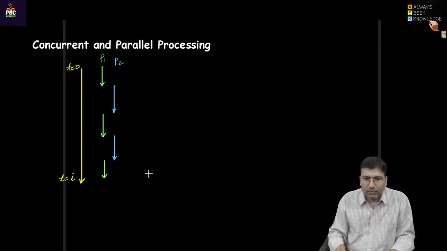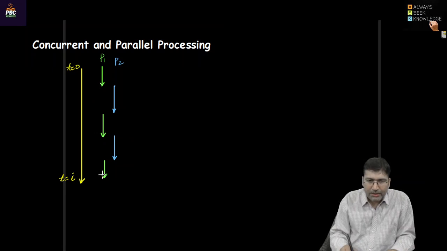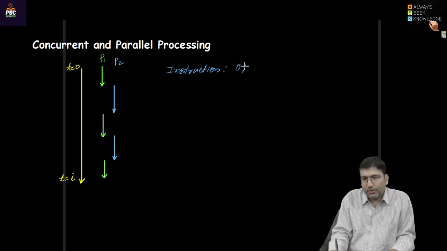Now, why do we need synchronization? I'm just trying to highlight that point. When these two processes are executing, they are executing some set of instructions. Every instruction has opcodes and operands.